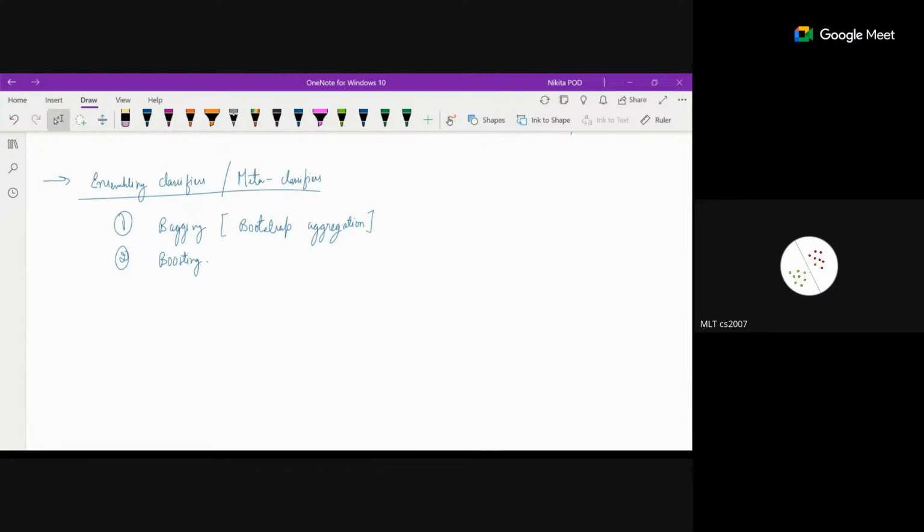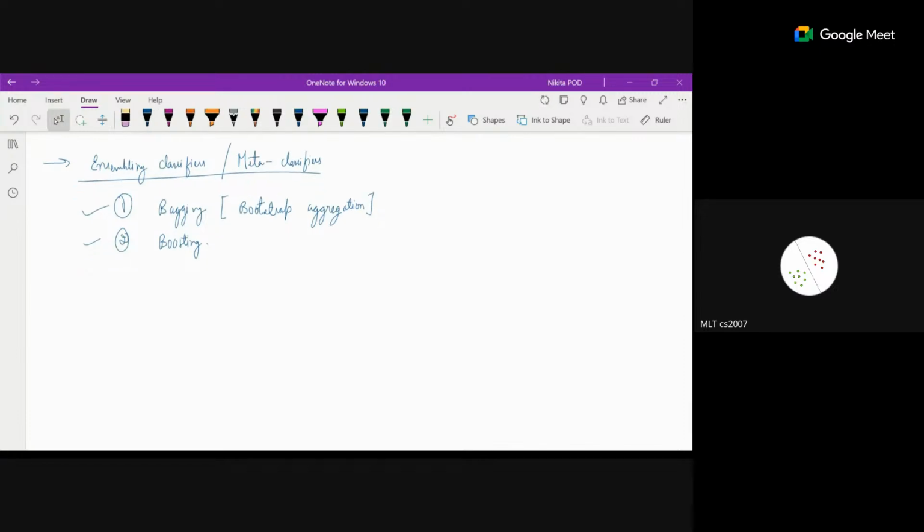Before we start this bagging technique, we are going to see one small statistical technique and how it can be useful for these methods. Suppose you have some true value, let's say mean equal to 5.